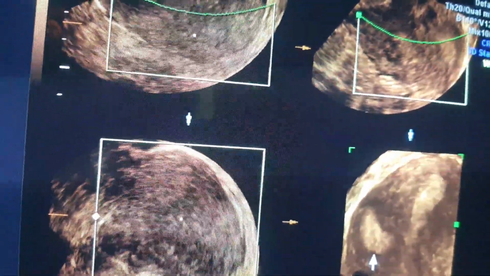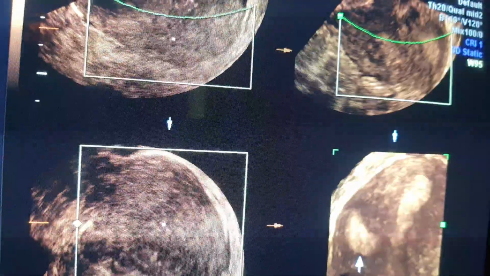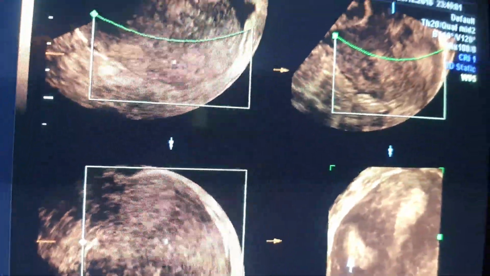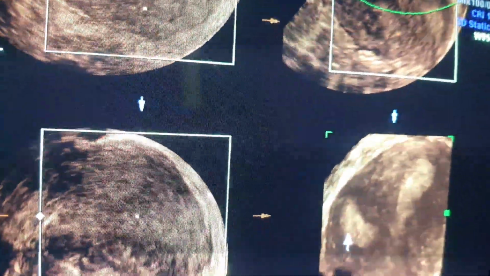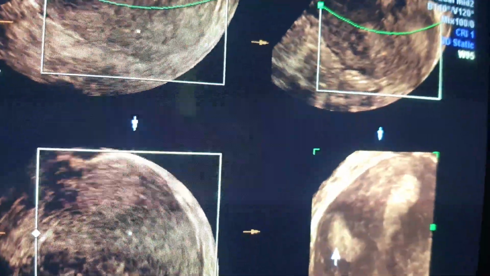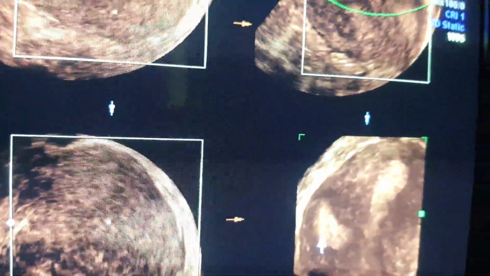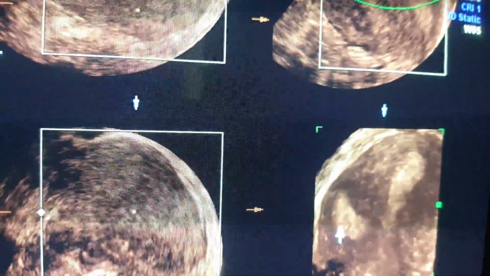And unfortunately most of the cases I met had that bleeding inside this rudimentary horn, and mostly were misdiagnosed as ovarian cysts.